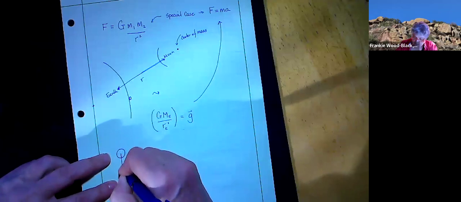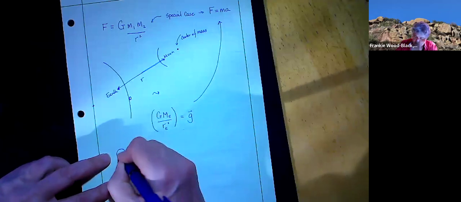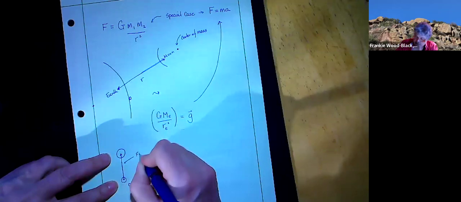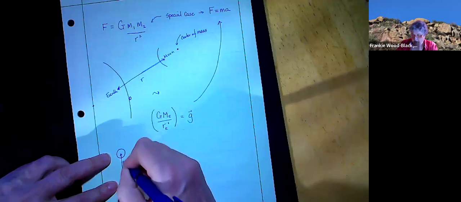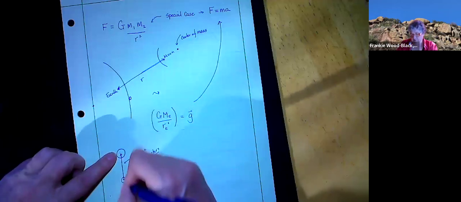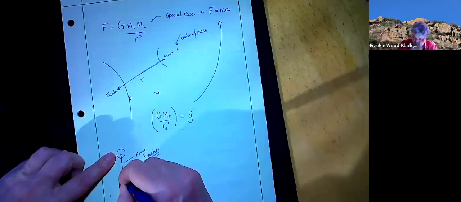First thing is we're going to have to look at this force, and this is the force that's being applied. And remember, forces are vectors. So if I'm looking at the force that the sun is applying to the Earth, we know that this is how the force is going to go.